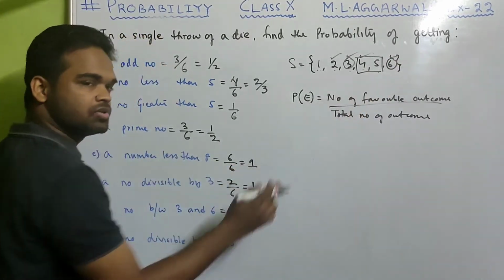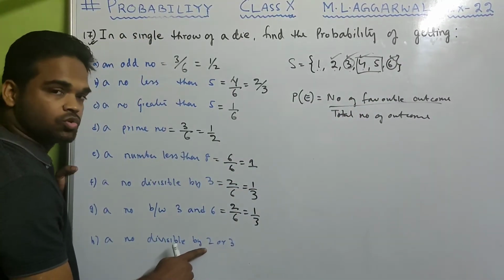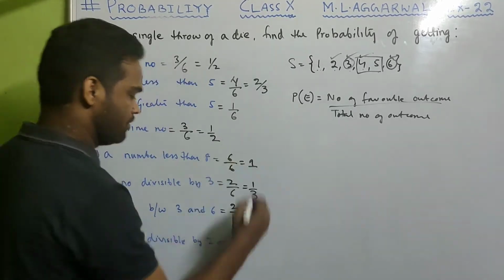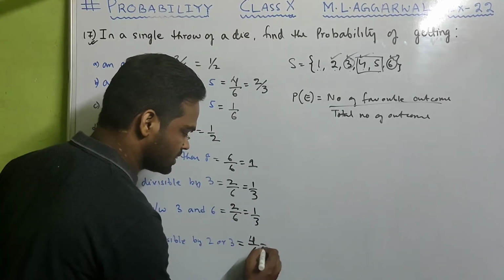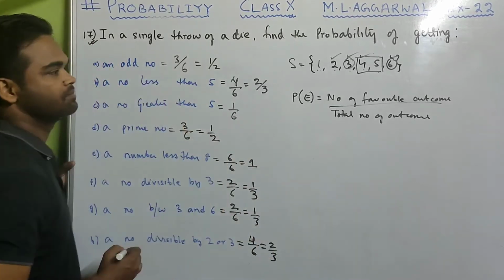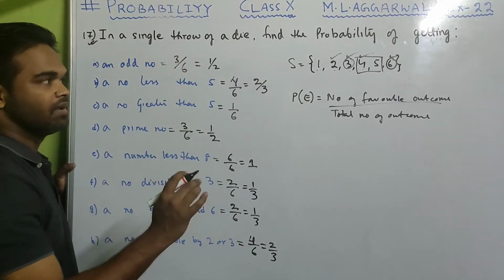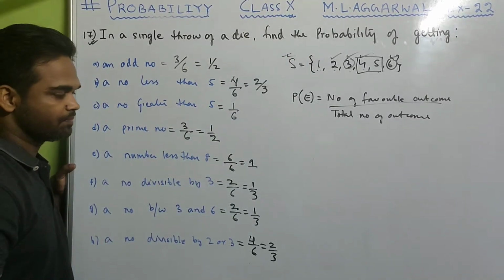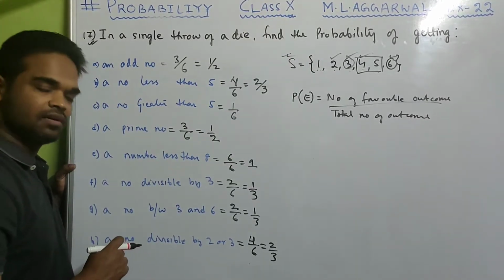There are 4 numbers which are divisible by 2 or 3. So 4 out of 6, that's 2 by 3. Done. Whenever you do the sum, write the sample space, if possible. Now let us look at the next sum.